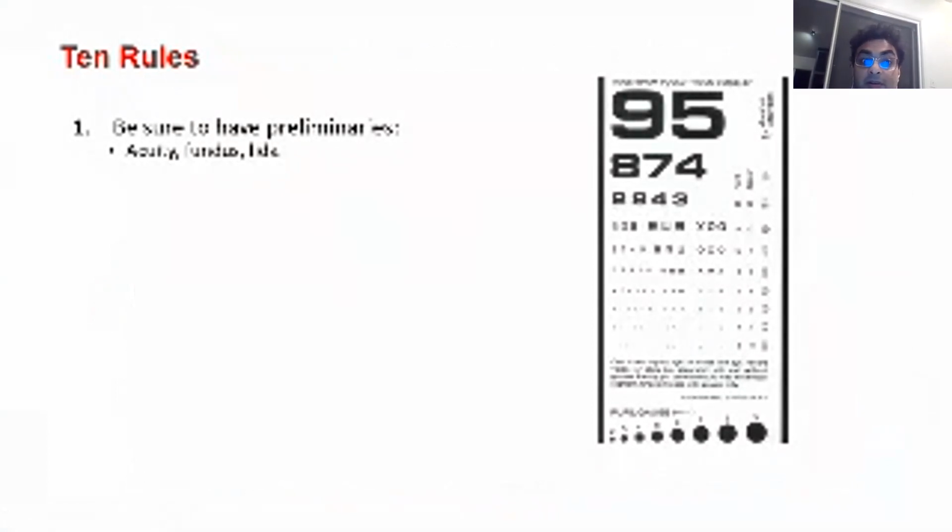You have to make sure that person can see, and their acuity is all right. I typically keep the pocket vision screener with me, or in the clinics you can have the test chart hanging on the wall as well. You can use either way, but you have to make sure that they have good vision.